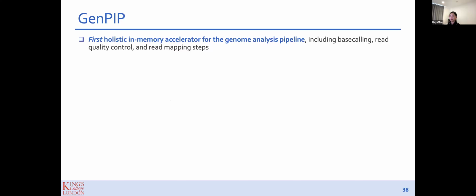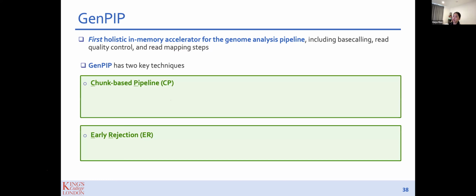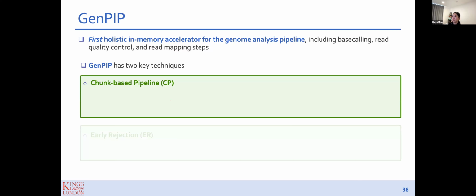So we propose GenePIP, the first holistic in-memory accelerator for the genome analysis pipeline, including the base calling, read quality control, and read mapping steps. GenePIP has two key techniques: one is the chunk-based pipeline, and the other is early rejection.